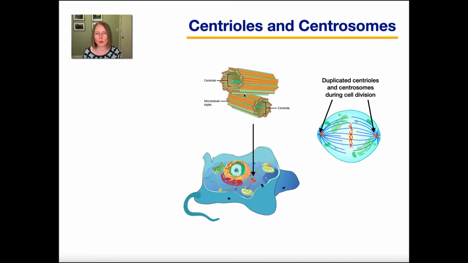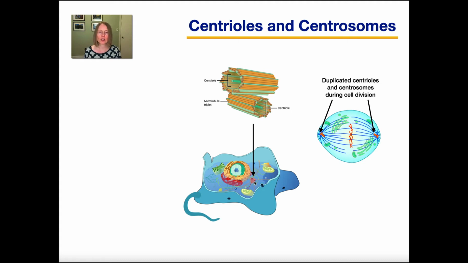Microtubules also help to create a structure called the centriole. So this is the centriole. All those what look like little pipes are the microtubules that are arranged in this special way. So the centrioles are found just in animal cells, and they're found close to the nucleus, and microtubules can grow out of this region.